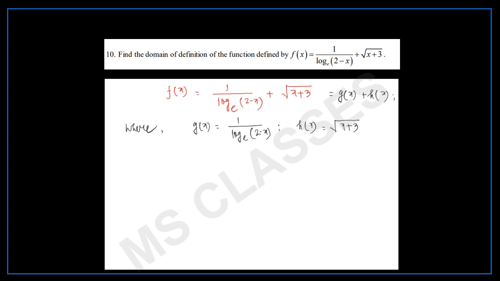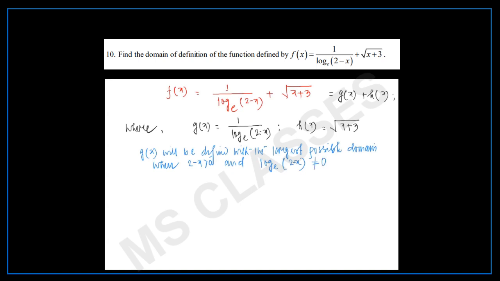Now, g(x) will be defined with the largest possible domain when 2 minus x is greater than 0 and log base e of (2 minus x) is not equal to 0.